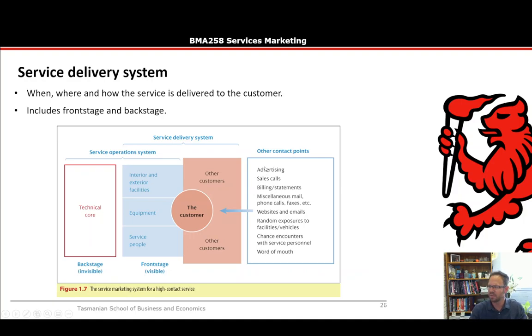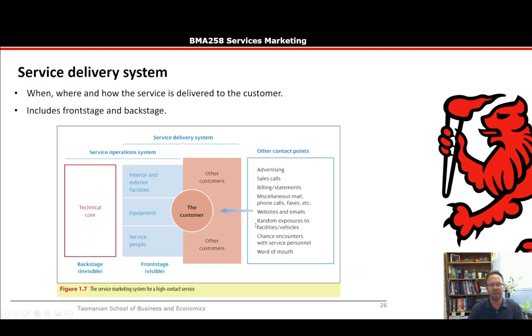Now, other contact points that we have with our customers are the advertising which we generate, but again, like I said just previously, it's not just our advertising, but it's the interaction between our customers through word of mouth and referrals and stuff. Sales calls, billing and statements, other forms of communication, websites, emails, random exposure to facilities like our advertising on our facilities and our vehicles, chance encounters with service personnel.